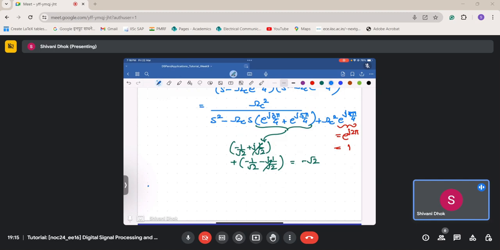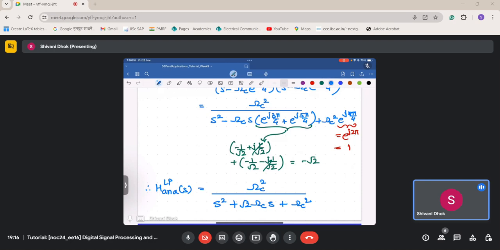Therefore H analog of s low pass is omega c square upon s square plus root 2 into omega c s plus omega c square.